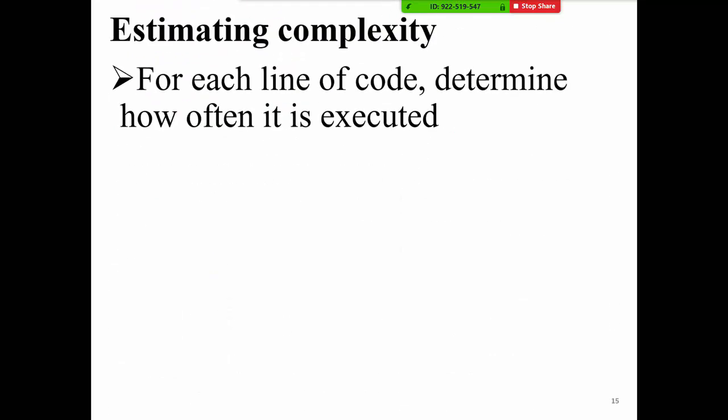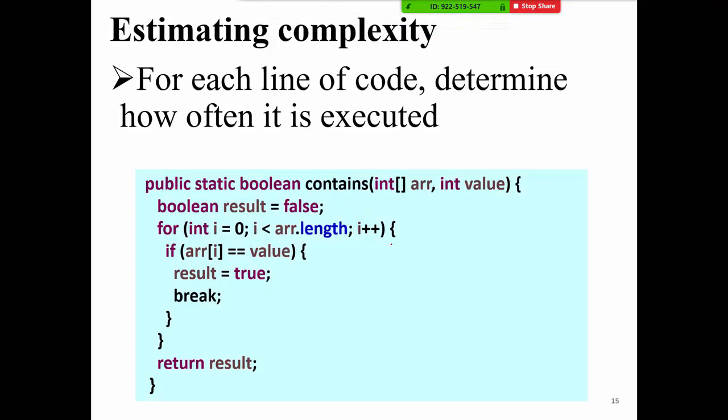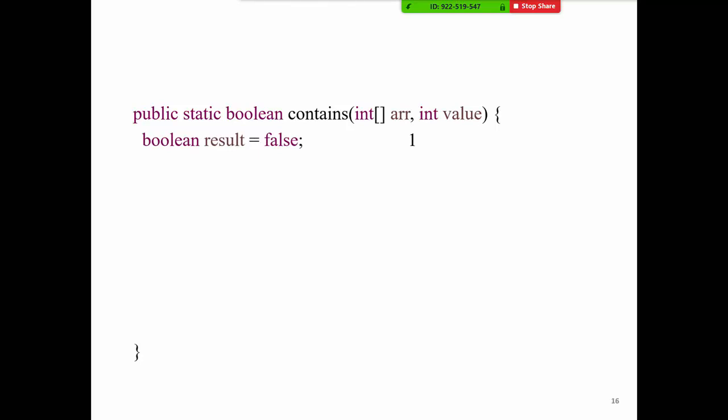In the next strategy step, we have to determine how often each line of code will be executed. So the first one, how often will it be executed? It will be executed only once.